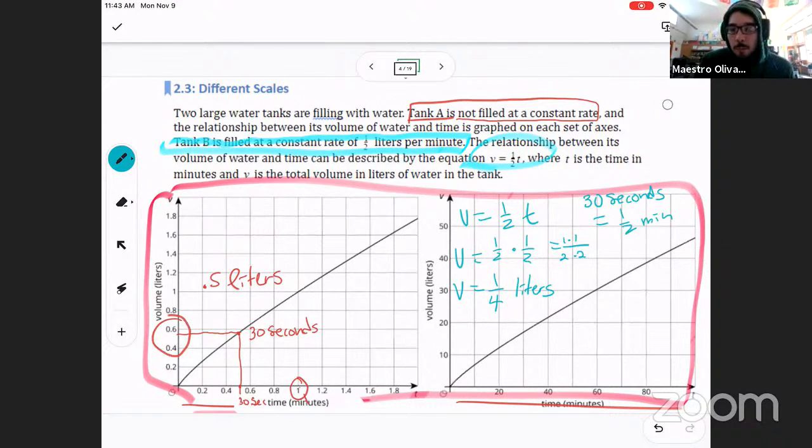Awesome. So what is 1/4 as a decimal? How can you write 1/4 as a decimal?